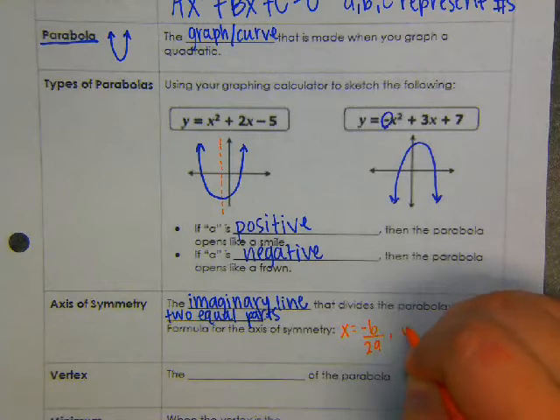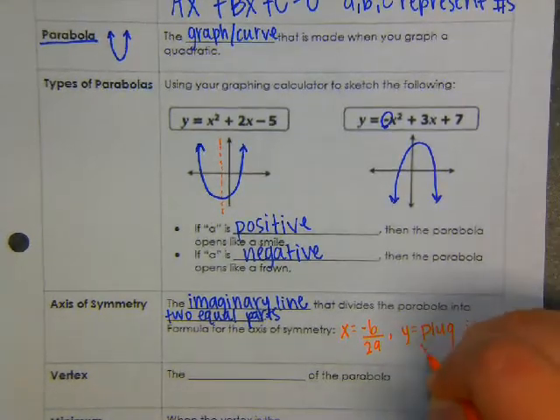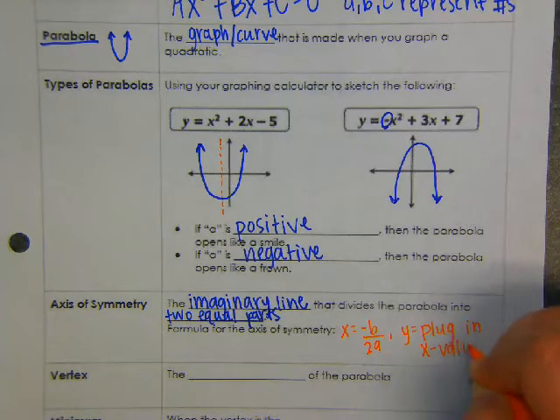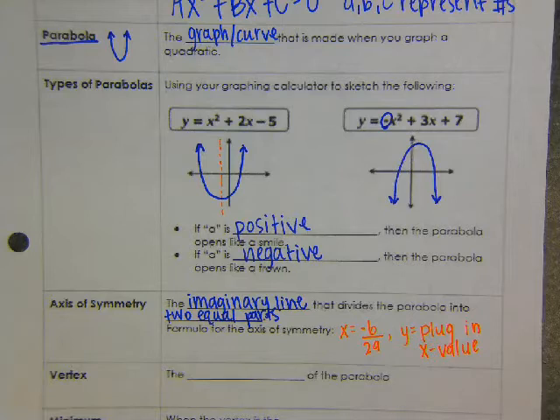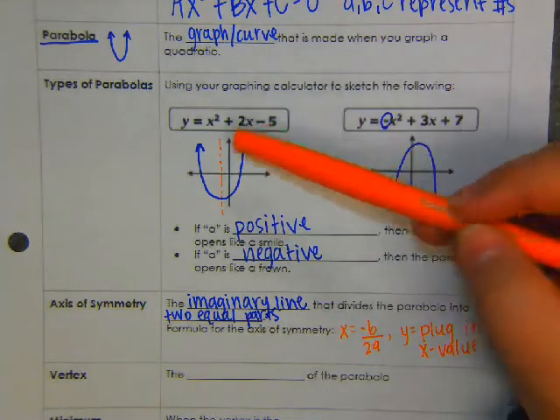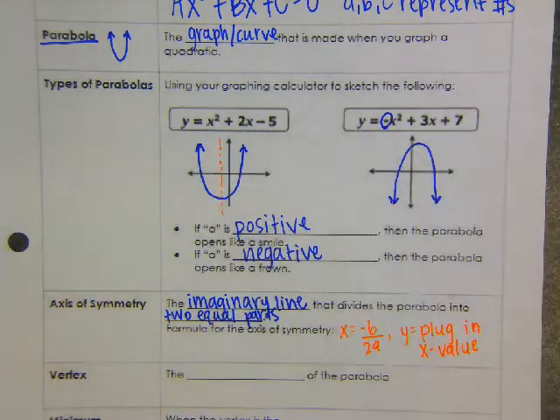And then to find the y, you would plug the x value into your equation to find the y value of the axis of symmetry, because the axis of symmetry is going to give us the point in the center right here, which brings us to our next part of vocab.